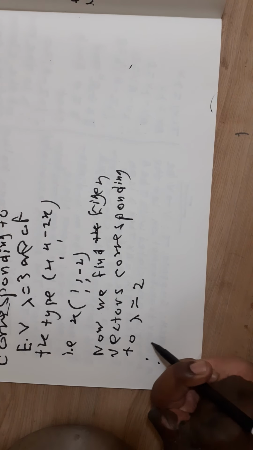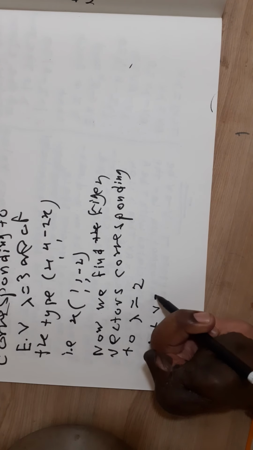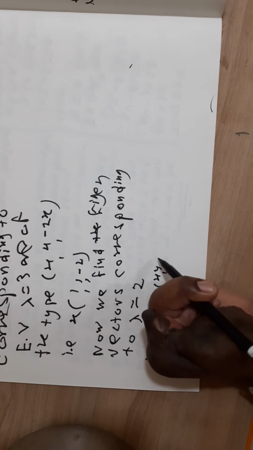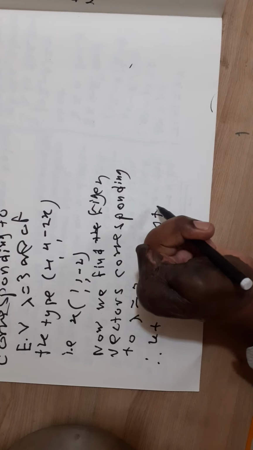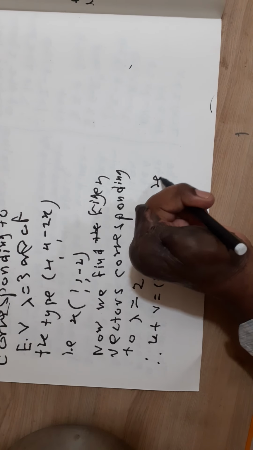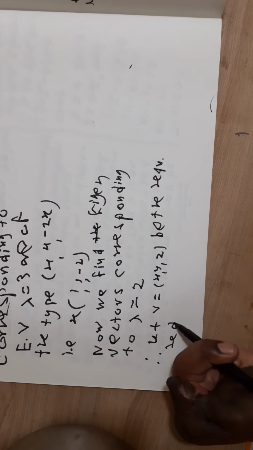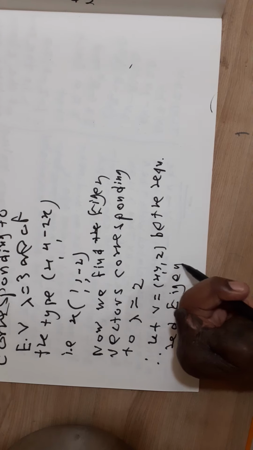Let v is equal to x comma y comma z be the required eigenvector.